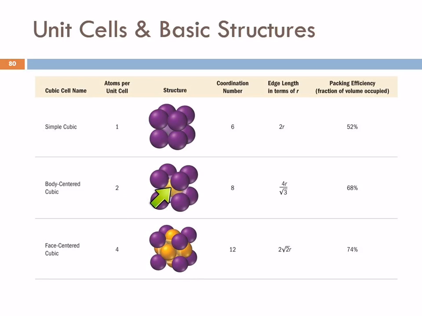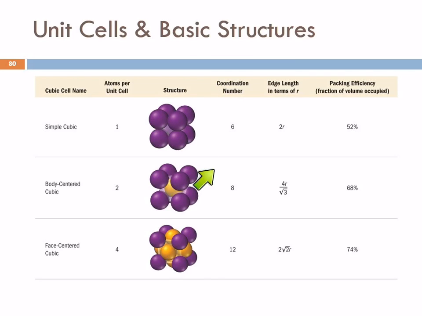Here, the different color for this center atom is just to help us see it, because these 3-dimensional drawings are a little hard to figure out what we're looking at. This one is called body-centered cubic because there is an atom in the center of the unit cell. This is face-centered cubic because on each face of the cube there is an atom centered.